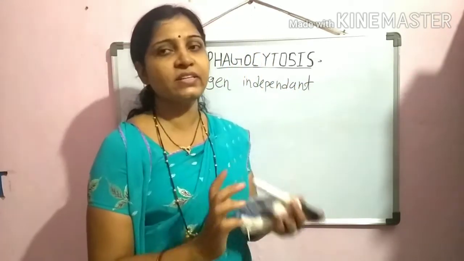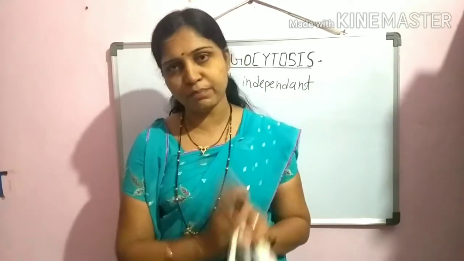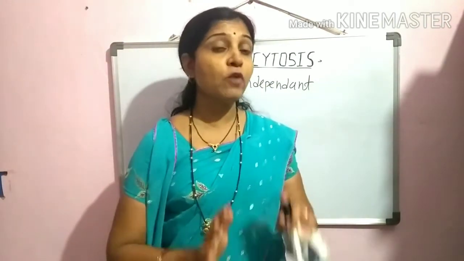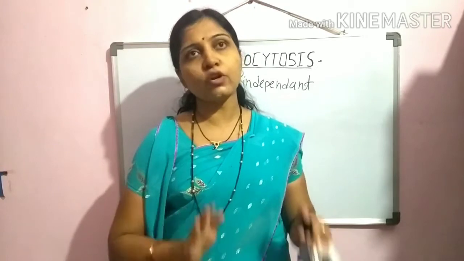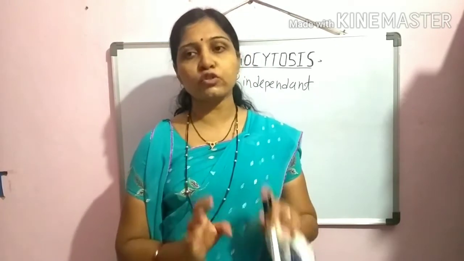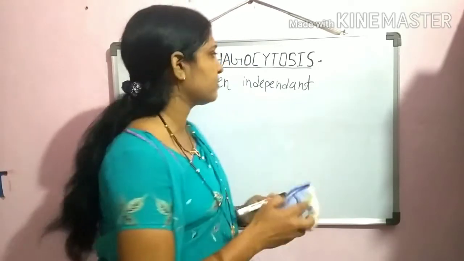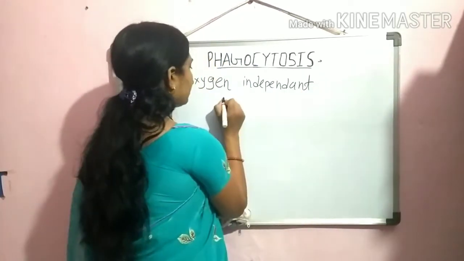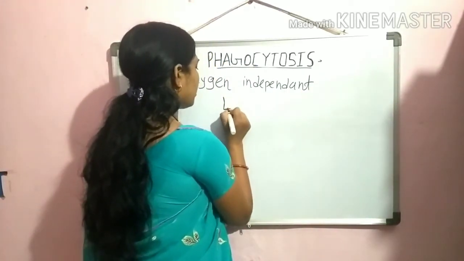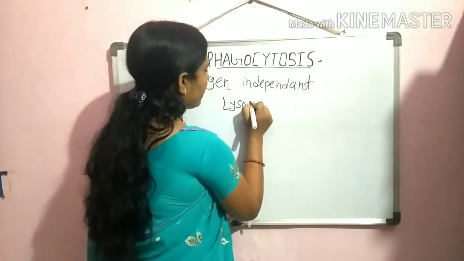Now, as it is considered an oxygen independent pathway, there is no formation of reactive oxygen intermediate or reactive nitrogen intermediate. But here there is the role of lysozyme and other specific antimicrobial agents which can be formed by these phagocytic cells. The major component present within these phagocytic cells is the lysozyme.